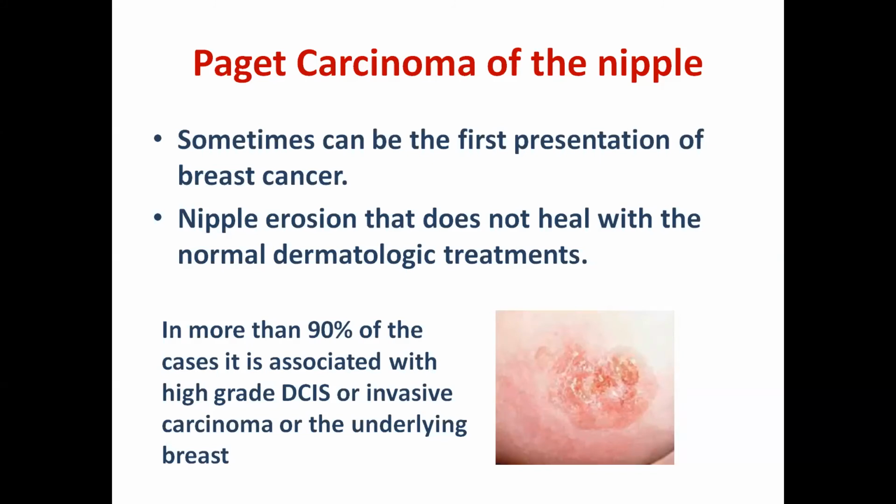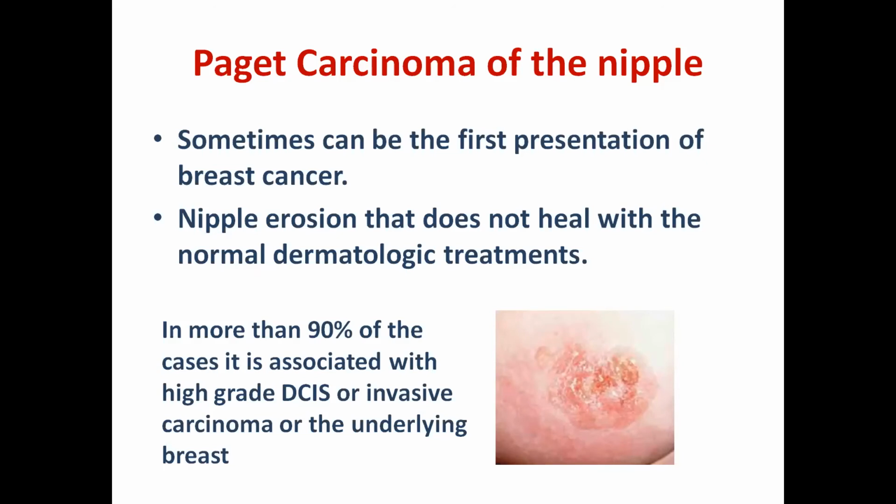and why it is important to detect Paget carcinoma, because in more than 90% of the cases you have in the underlying duct high-grade DCIS or invasive carcinoma of high grade.